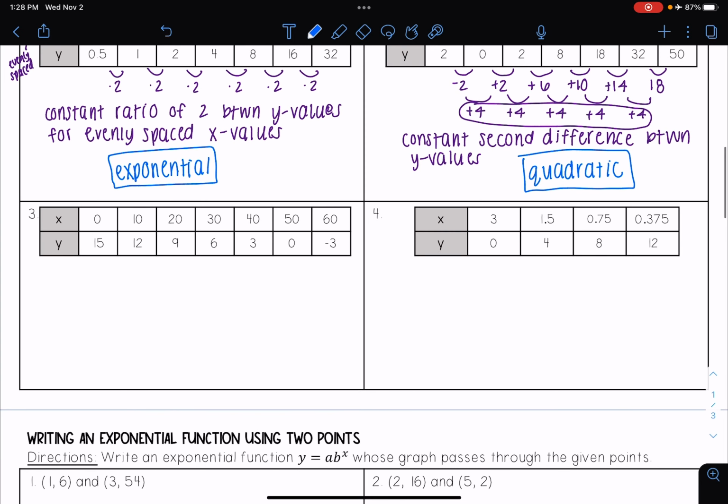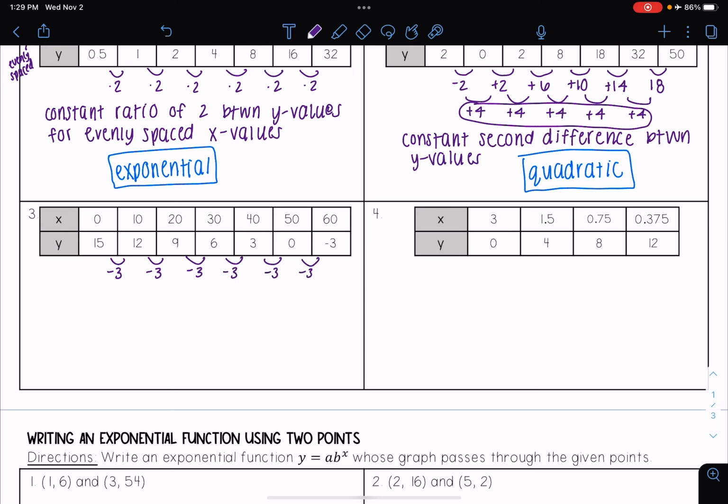Okay, number 3, I see on my x values that these are evenly spaced. I go 0, 10, 20, and it's going up by 10 each time. Now I'm going to look at my y values. Looking at this, I see they're all pretty close together, and to get from each number, I am subtracting 3 each time.